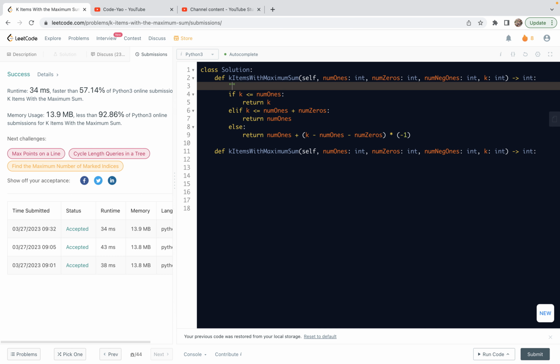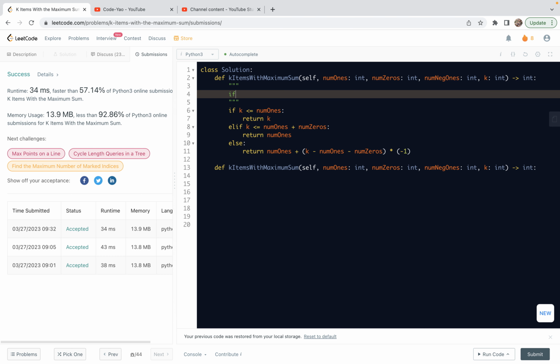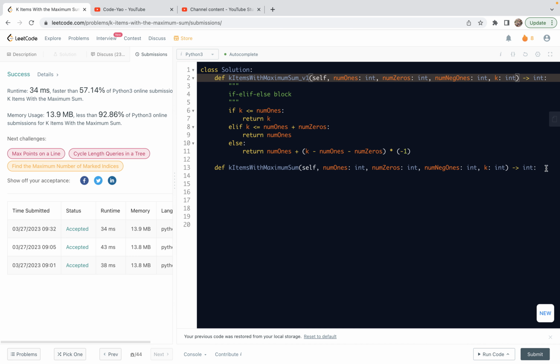Let me mark this one as the if-else-if-else block. In other words, this is control flow. And then I'm going to mark this as V1. And then I'm going to actually modify this a little bit.